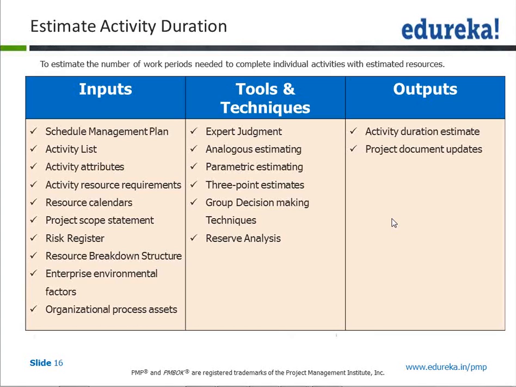So now if you have 10,000 cubic meter of earth to be excavated, you exactly know how much it is. Those are the kind of calculations you use for parametric estimation. Now there is another estimation called 3-point estimation.